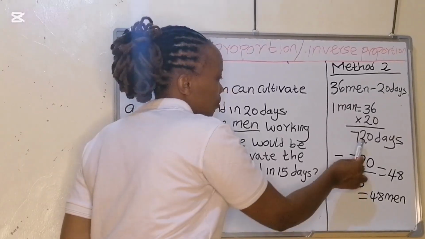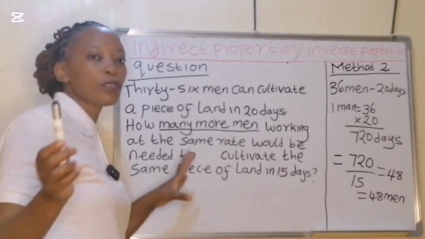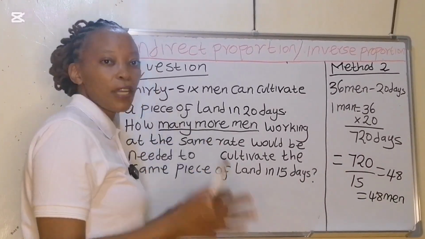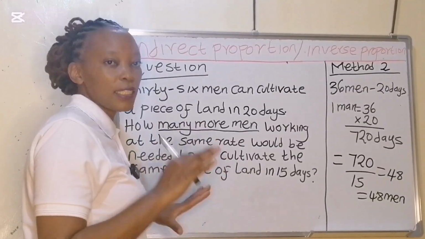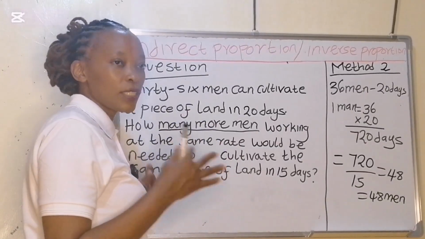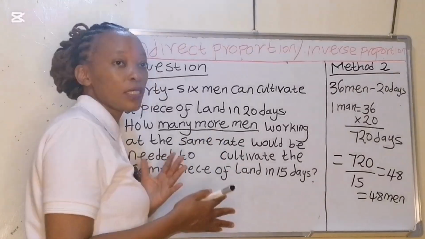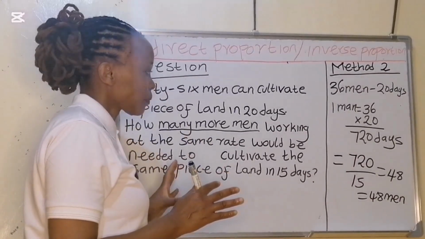It is 48. You divide by 15. So 48 men. So we have gotten the same answer. But I would advise you to use the formula for increasing and decreasing ratio so that you don't get confused. And even if you are going to use this one, there is no harm. I hope you have understood.